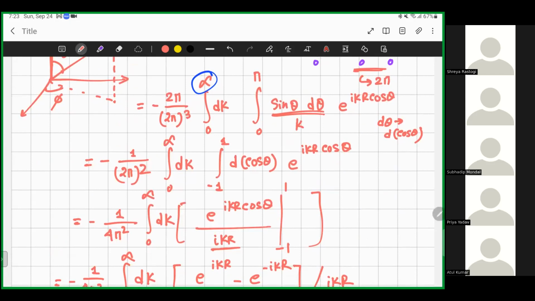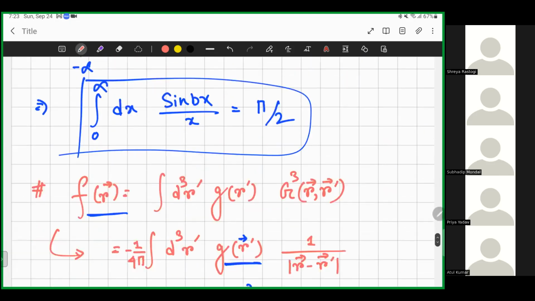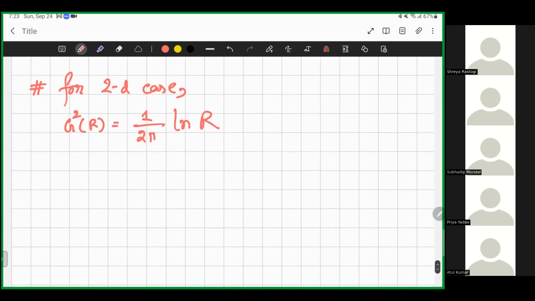After integrating that 1 over k, we will obtain a ln k like term. So there should be some ln after that. That's why the ln appears there. That's the reason we can't solve it in the same way, because there will be a logarithmic singularity. But in 2 dimensions, this will be the form of the Green function.